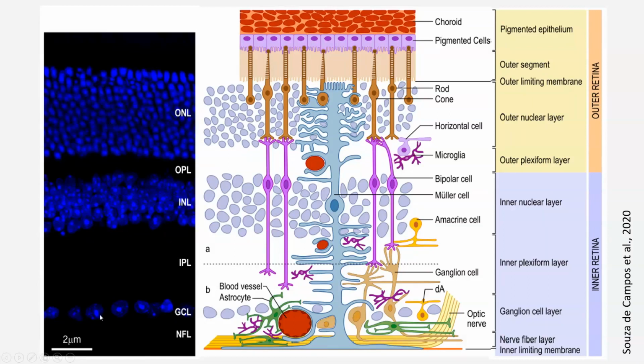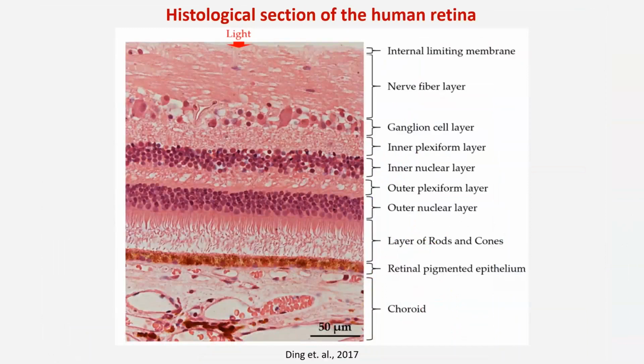So you can see the three main layers stained with a nuclear dye. The length of the ONL is important to indicate whether you have degeneration of the retina due to either aging or a specific pathology.